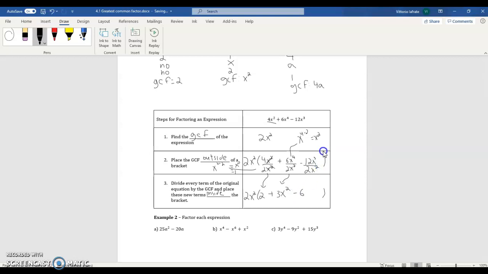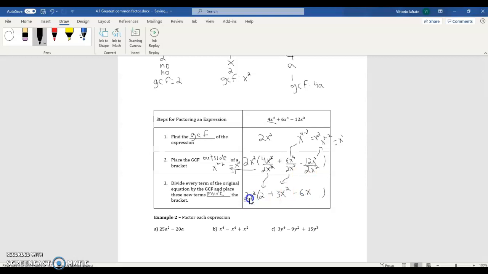Then x cubed over x squared, that's x to the 3 minus 2, which is x to the power of 1. So just minus 6x. And so what I've done here is I've factored. I took out this greatest common factor from each term by dividing each term by the greatest common factor.